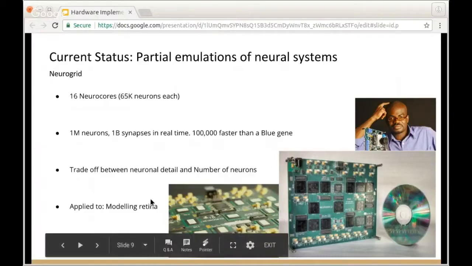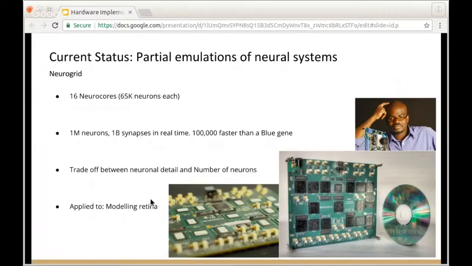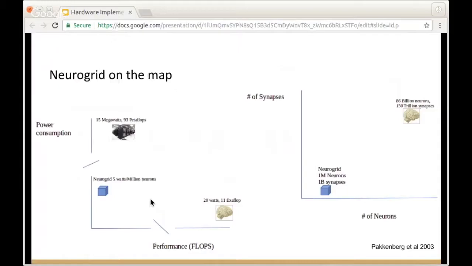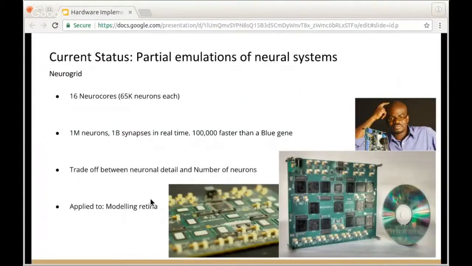Another point that is worth considering about this model is that there's a trade-off between the neuronal detail and the number of neurons that we have. For example, if we want to have 1 million neurons, we can have 1 million simple neurons with just one equation and one compartment each, which means we're thinking about neurons as if they're just membrane patches.